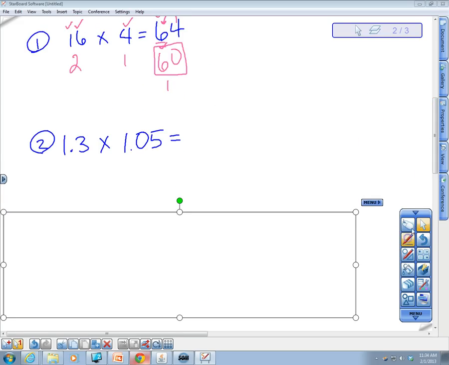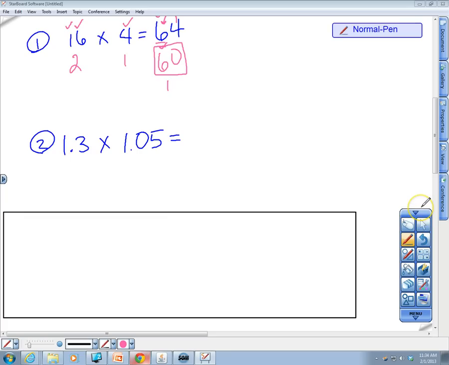Let's look at this example. I have 1.3 times 1.05. The first number, 1.3, has 2 non-zeros. That's 2 significant digits. 1.05 has a non-zero, an embedded 0, and another non-zero. That's 3 significant digits.